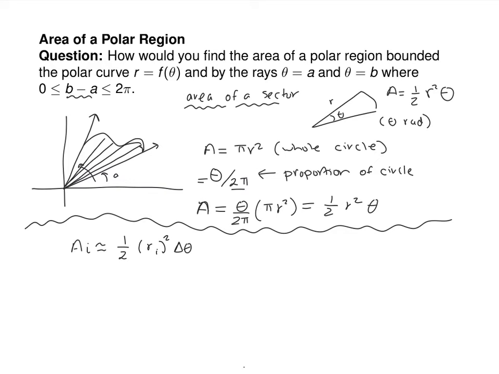And r sub i, well, we know that r is equal to f of theta, so that will be 1/2 f of theta sub i star, so some sample point, squared delta theta. And to find the total area, well, that will be about equal to adding up all those A sub i's.